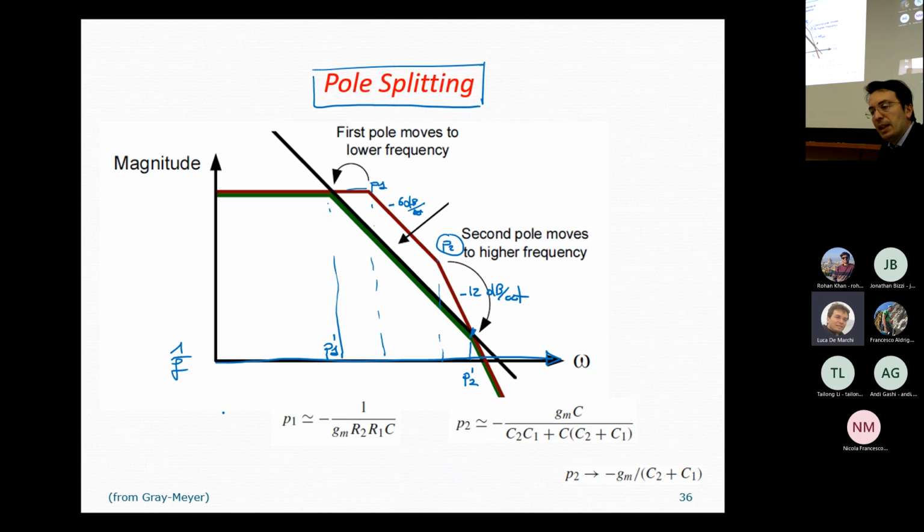So the idea is why it could be beneficial to have the green curve rather than the red one. Why the green curve is more stable than the red one. Well, you should try to imagine what happens to the phase curve in the two cases. Okay?